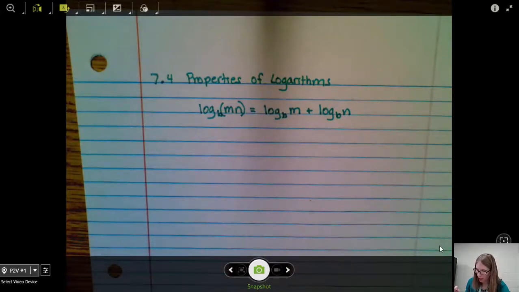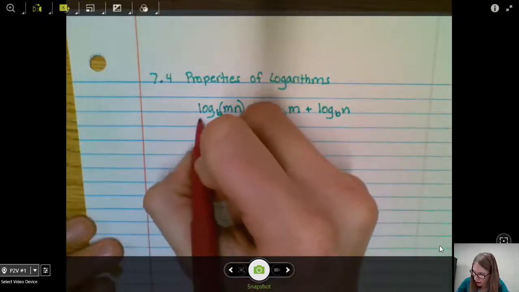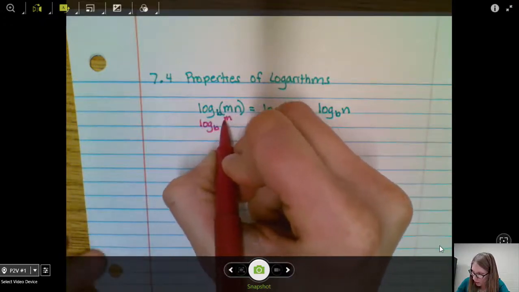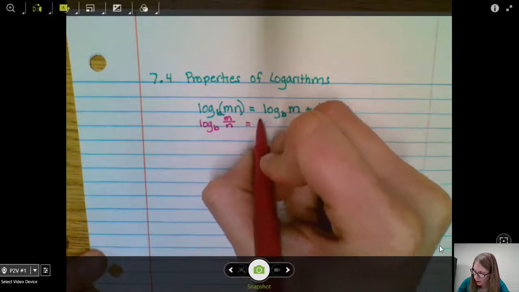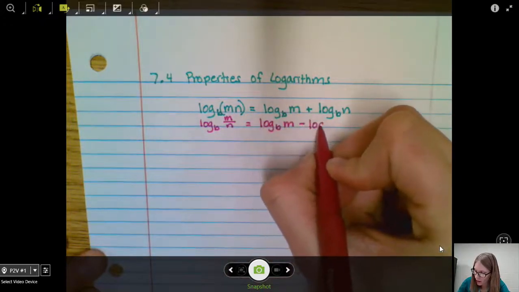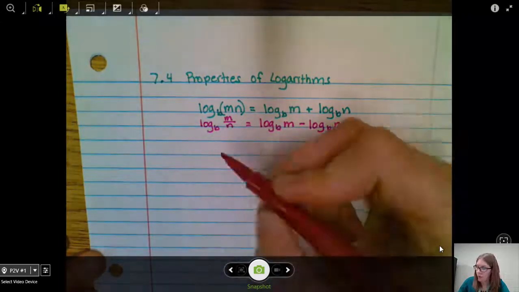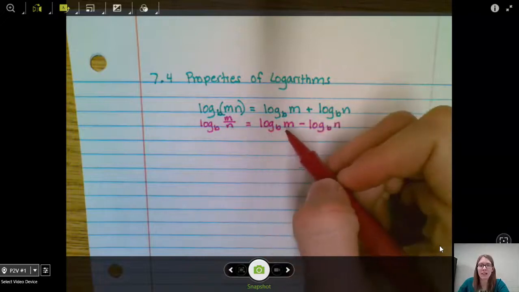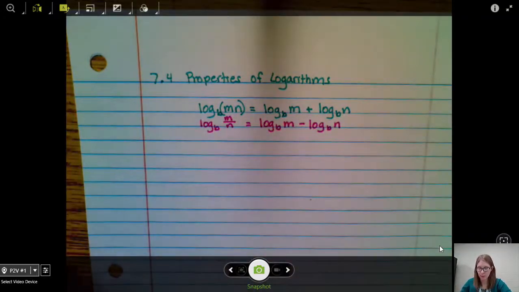Our second property was the log base b of m over n equals the log base b of m minus the log base b of n. So when we have the division, the log of 2 things divided, we can subtract the individual logarithms.